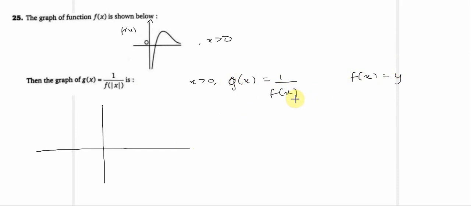You don't have to do that, but I'm just doing it for better explanation. Okay, let's get started. So let's find a few important points to plot nicely. Then you have x, and then you have y, then you have g of y. So g of y, if you consider, this is just 1 by y now, because we considered f of x equal to y.